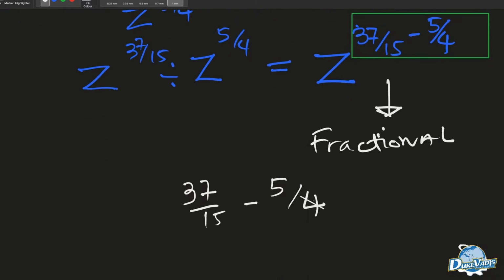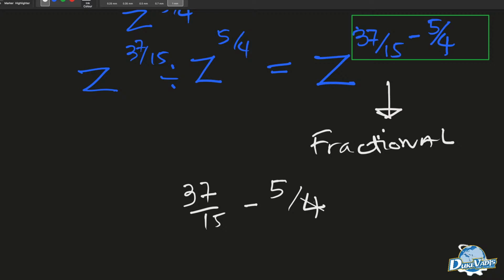The same way, we have to find our LCM. The lowest common multiple will be to multiply 15 and 4. So that will be 15 multiplied by 4, and that gives us 60.